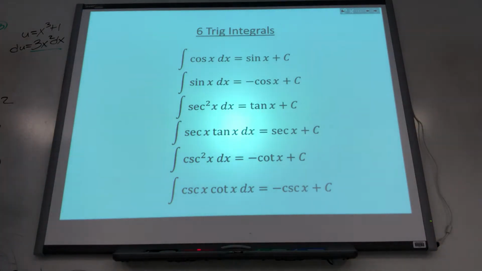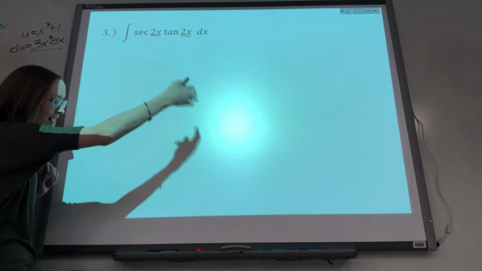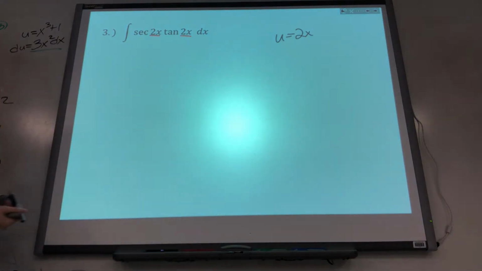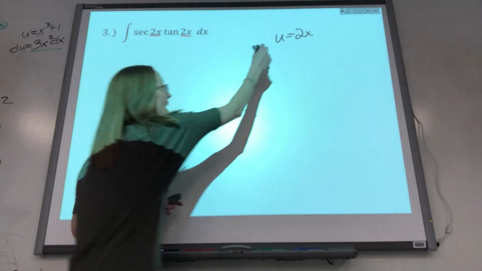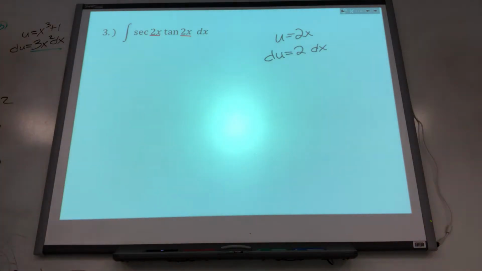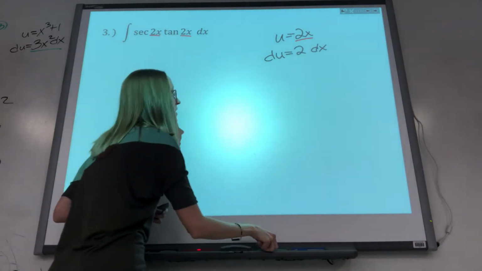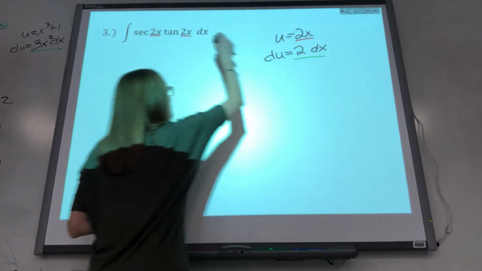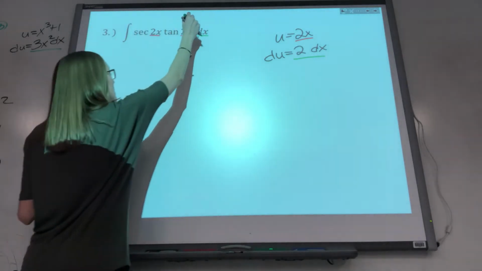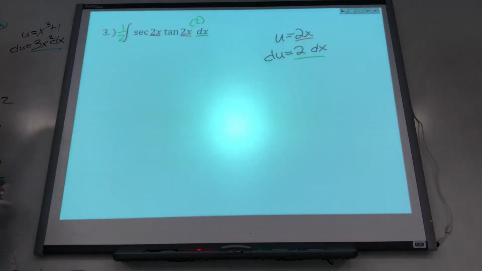So like all the rest of our problems, what I have inside the trig function, that is usually going to be u. And so du in this case is 2 dx. Now, I already have the u, it's the 2x part. I need 2 dx. I don't have the 2 floating around anywhere, so there it is. And that means we pull a 1/2 out front.